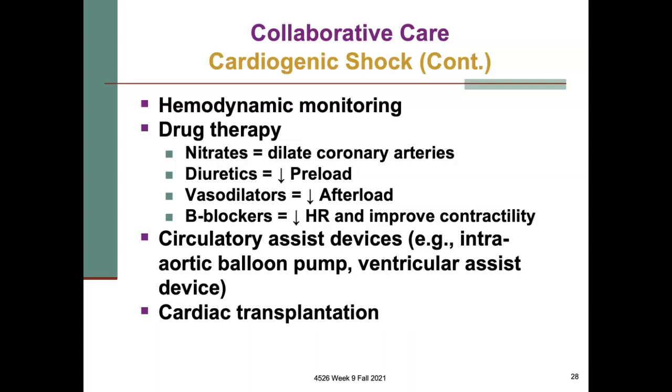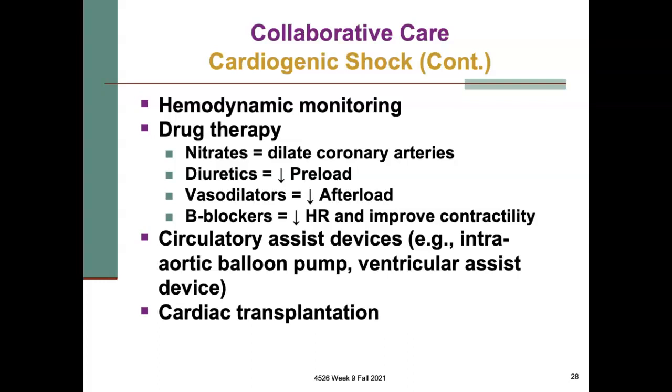You may give a vasodilator to decrease the afterload, the resistance the heart pumps against. Decreasing the afterload will put less pressure on the heart and allow oxygen-rich blood to get out. And you may give a beta blocker to slow the heart rate down and improve the contractility.